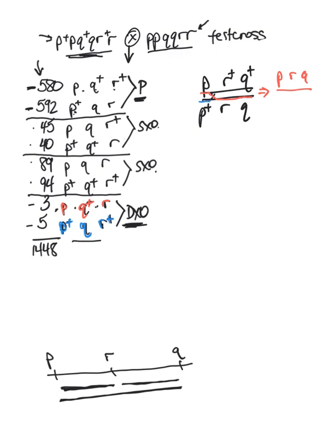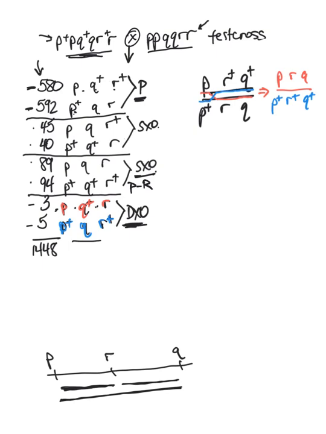I get P plus, crossover, I get R plus, and then Q plus. P plus, R plus, and Q plus. Okay, where do I see those single crossover types in coupling? That is right here. Okay, so these two, 89 and 94, represent a single crossover between P to R.